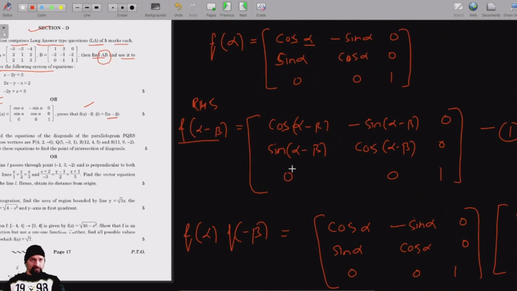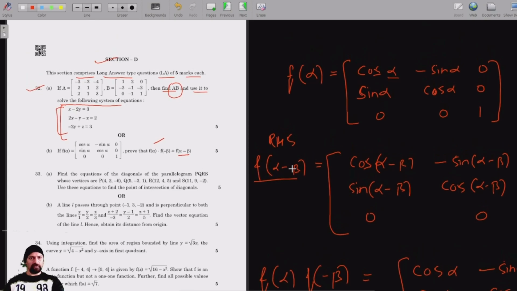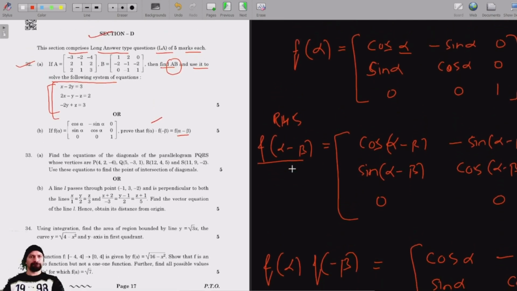And this solves our question number 32 in both the parts. And let's move on to question number 33.